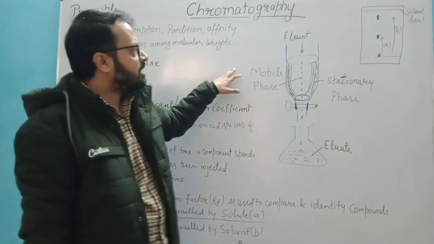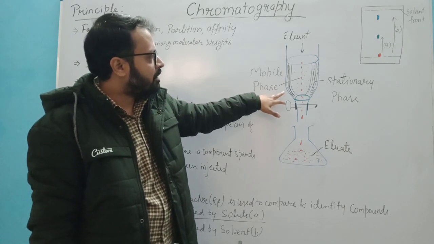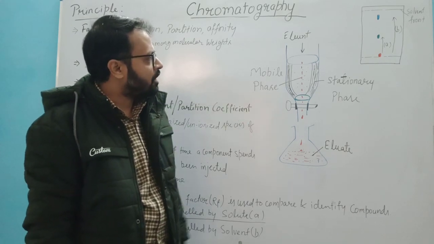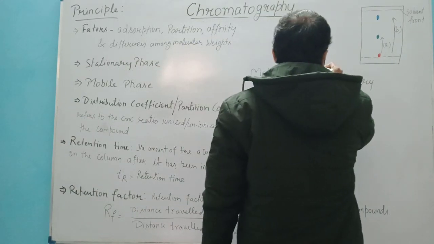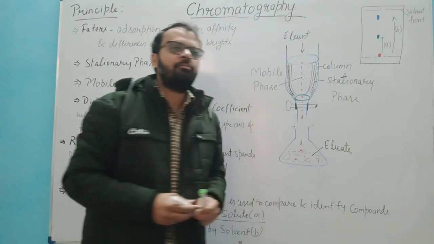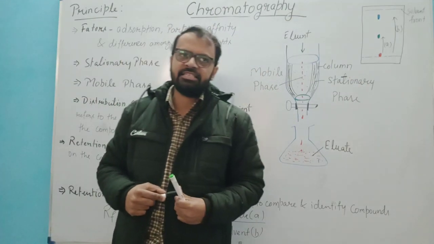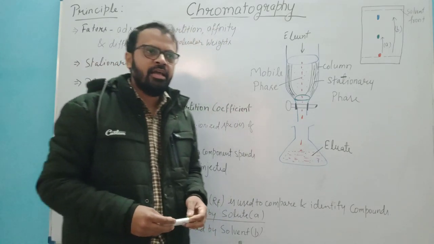For example, if we take the example of column chromatography, this is the column. The column is made up of glass or stainless steel, in which the stationary phase is incorporated.